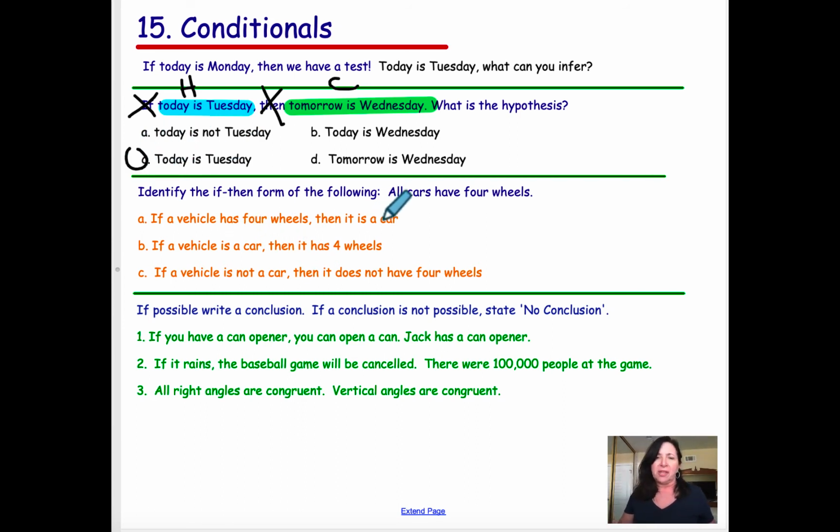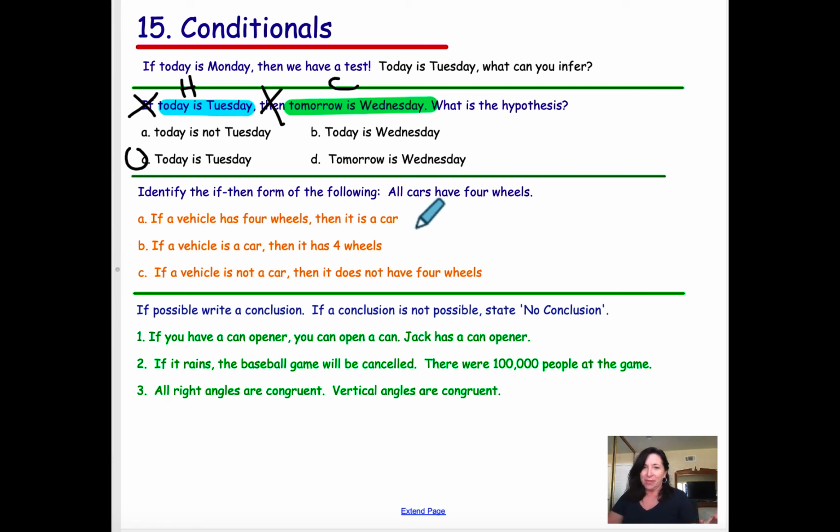So they want you to put these in if-then form. The question says all cars have wheels. So I would say, if a vehicle is a car, then it has four wheels. If a vehicle has four wheels, then it's a car. If a vehicle is a car, then it has four wheels.